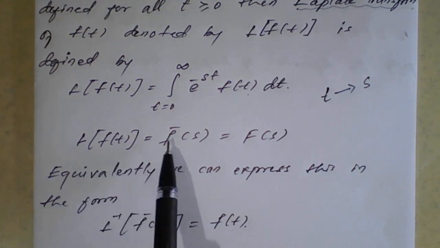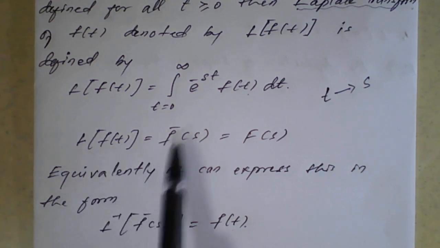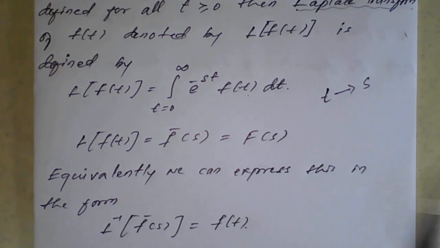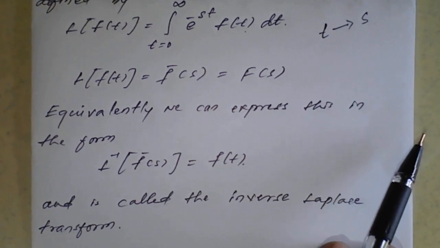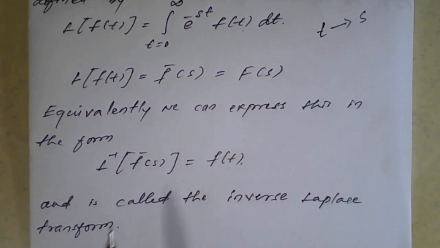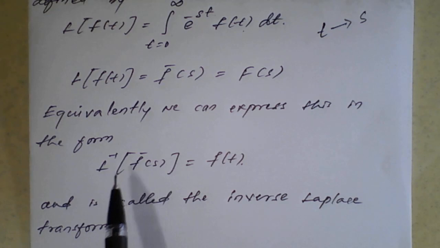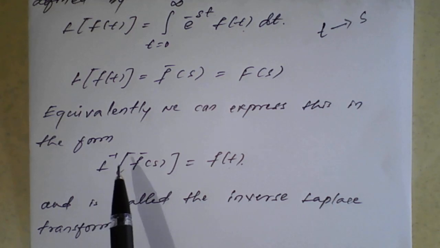If you shift this L to the right hand side, f of t is left. So L inverse of F of s is called the inverse Laplace transform. Hope the concept is clear for the definition: what is Laplace transform and what is inverse Laplace. L inverse stands for the operator for inverse Laplace transform.